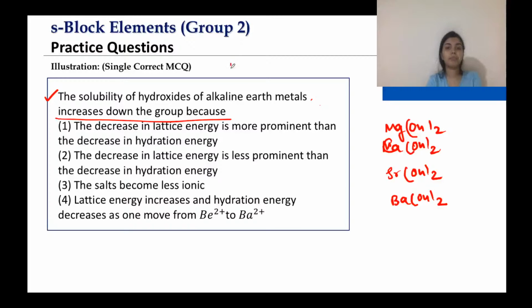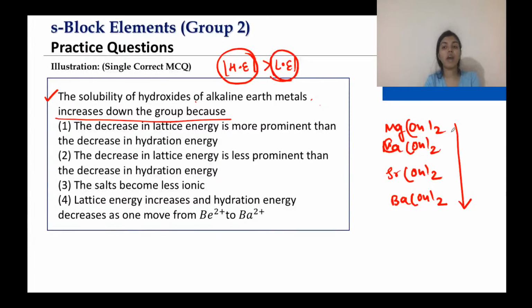The criteria should be that hydration energy should be more than that of lattice energy. Now down the group, the solubility is increasing. That means either the hydration energy should increase or the lattice energy should decrease so as to increase the solubility down the group, right?